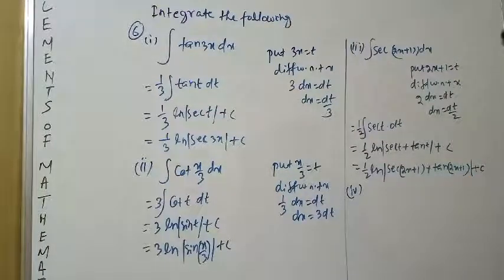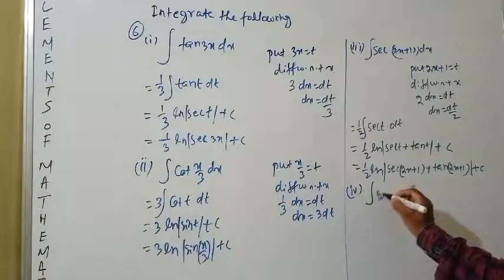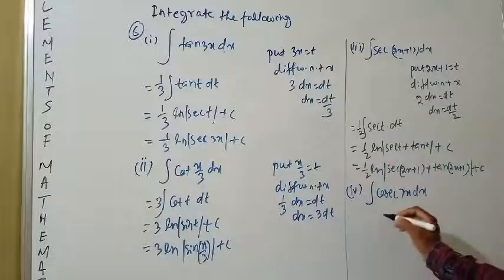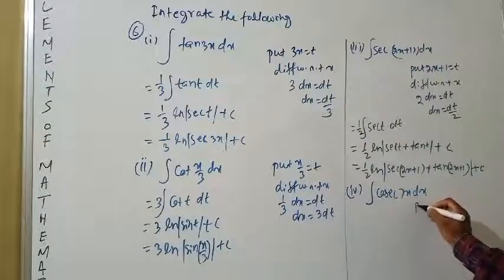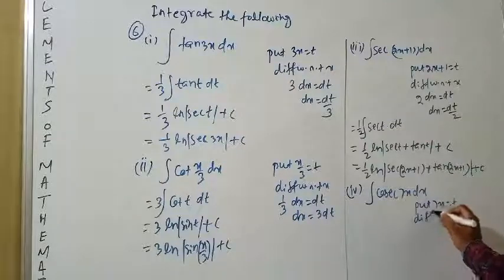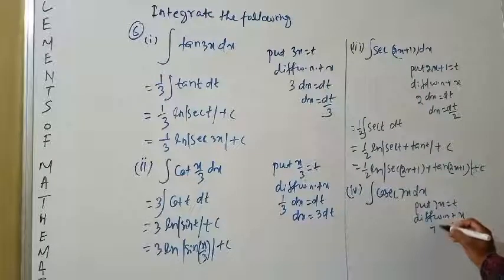In your question number 4, it is given integration of cosec 7x dx. Okay, now you put 7x is equal to t, differentiate with respect to x. Okay, derivative of 7x equal to 7, dx is equal to dt, dx is equal to dt by 7.